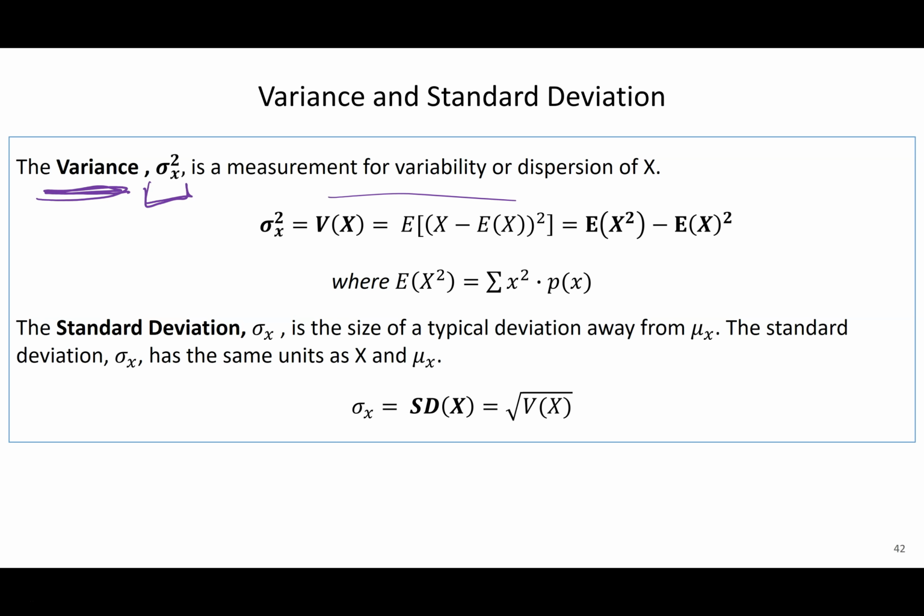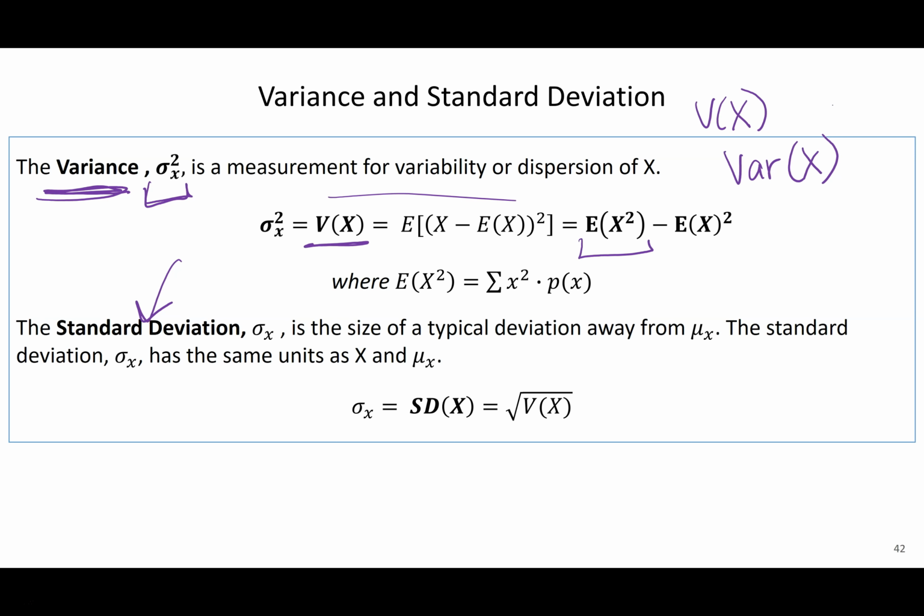It's not exactly equal to the average distance from the mean for every value, but it's very close to that idea. You would denote it V(X). Sometimes I see people write Var(X). Honestly, either of those would be perfectly acceptable.